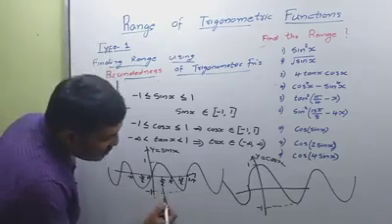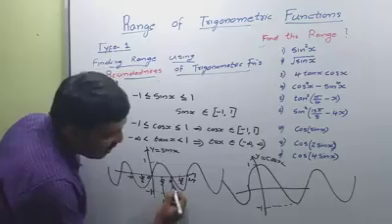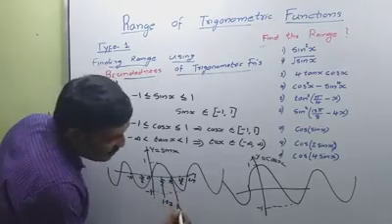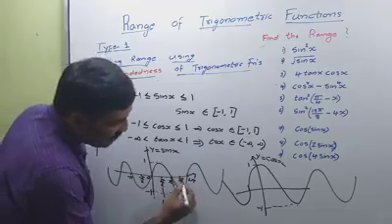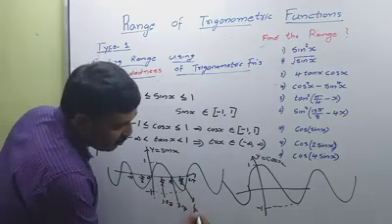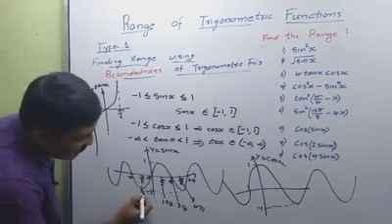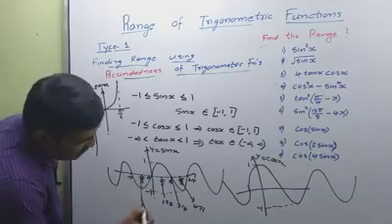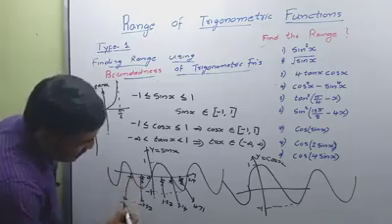Pi by 2 is approximately equal to 1.57, and the value of pi is approximately 3.14. And 3 pi by 2 is approximately 4.71, and so on. This value of x is minus 1.57, minus 3.14.